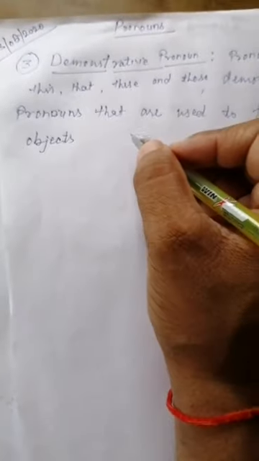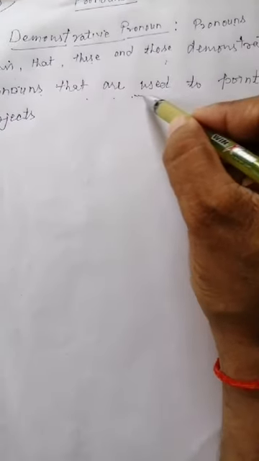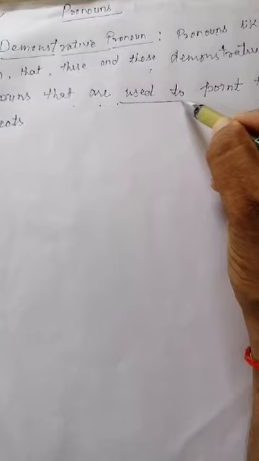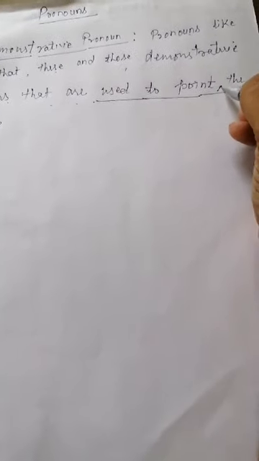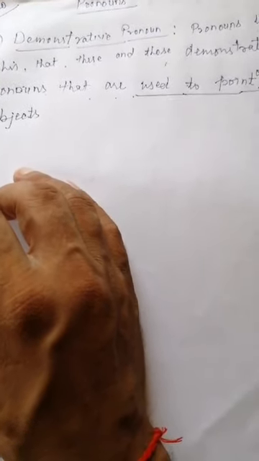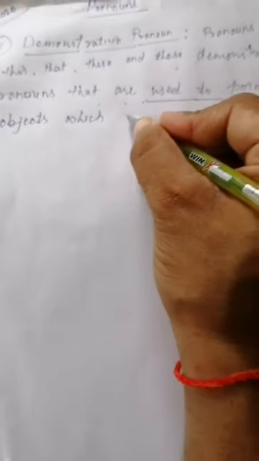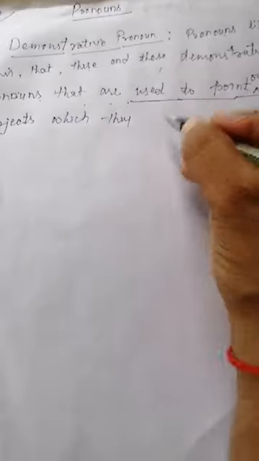This is the definition of demonstrative pronouns. The pronouns that are used to point out the objects which they refer.